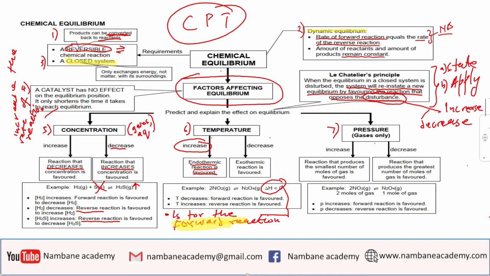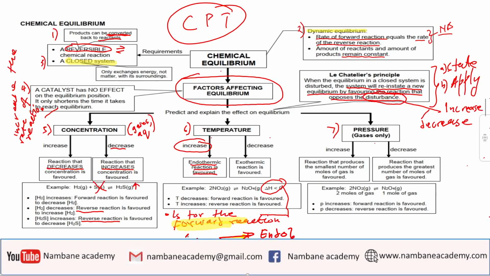So if the forward reaction is endothermic, it basically says now the reverse must be exothermic and vice versa. That is very, very critical for one to know.